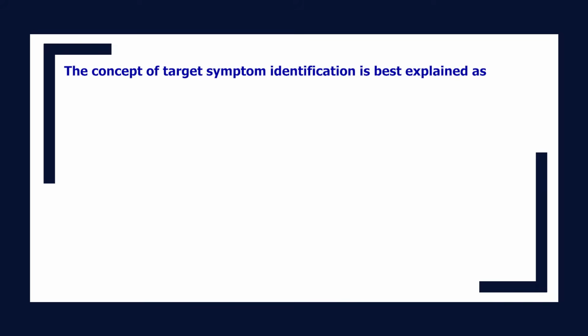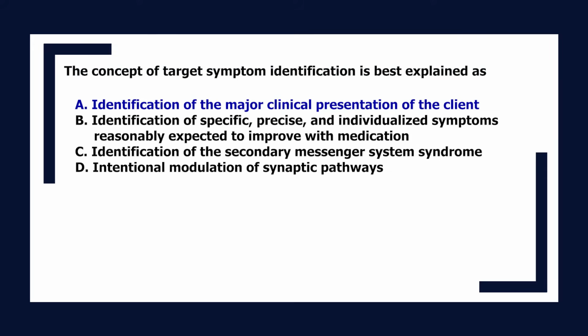The concept of target symptom identification is best explained as A. Identification of the major clinical presentation of the client. B. Identification of specific, precise, and individualized symptoms reasonably expected to improve with medication. C. Identification of the secondary messenger system syndrome.